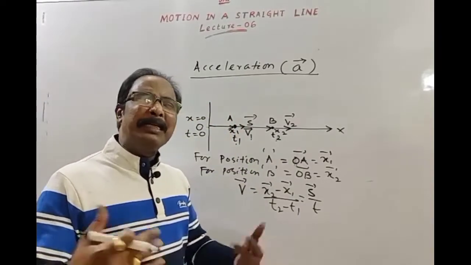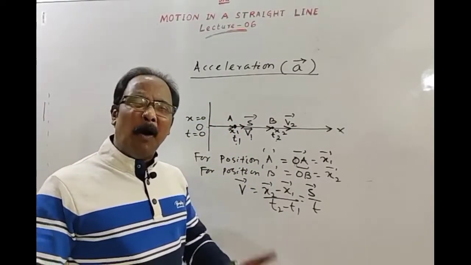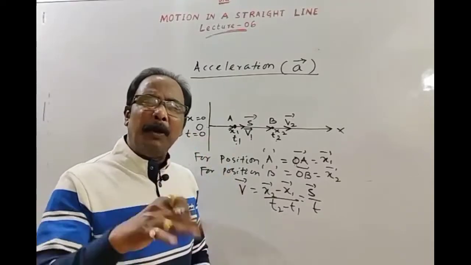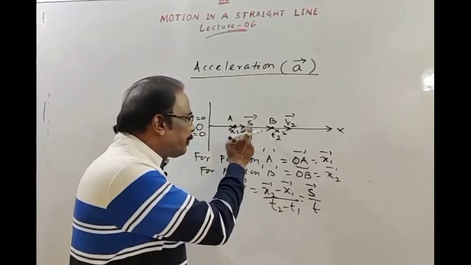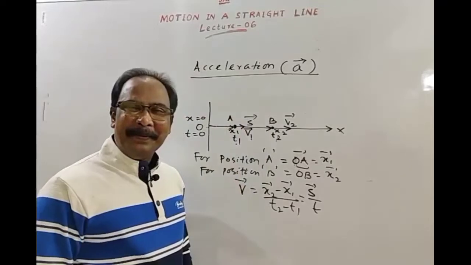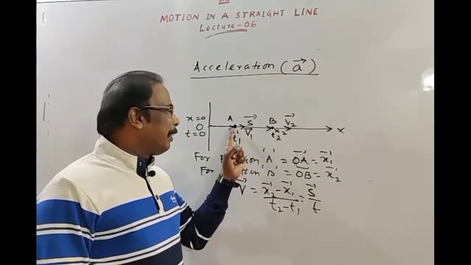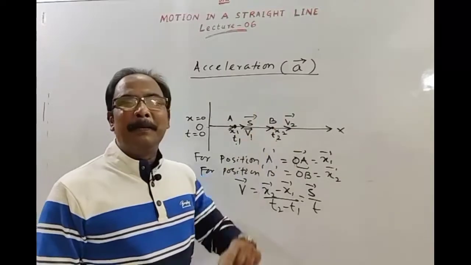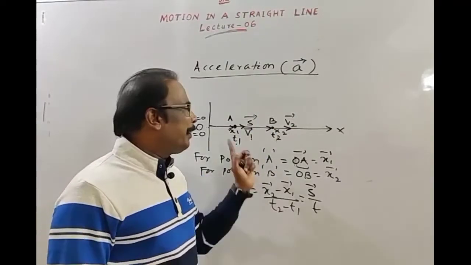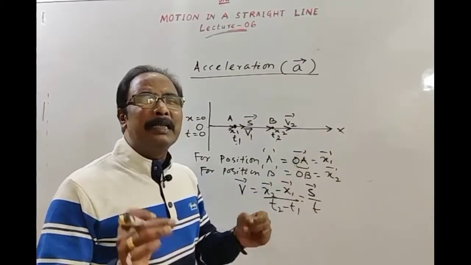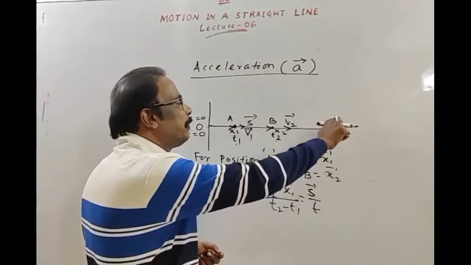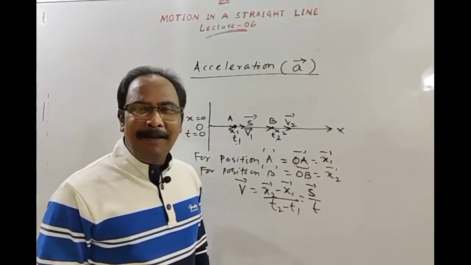Position changes from x1 to x2 and accordingly velocity changes from v1 to v2. Of course, here velocity changes only in magnitude because the direction of velocity is constant, along the x-axis.